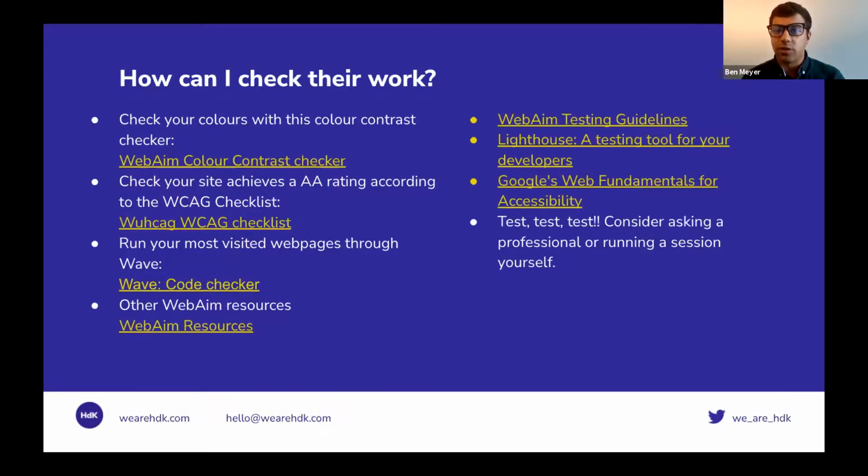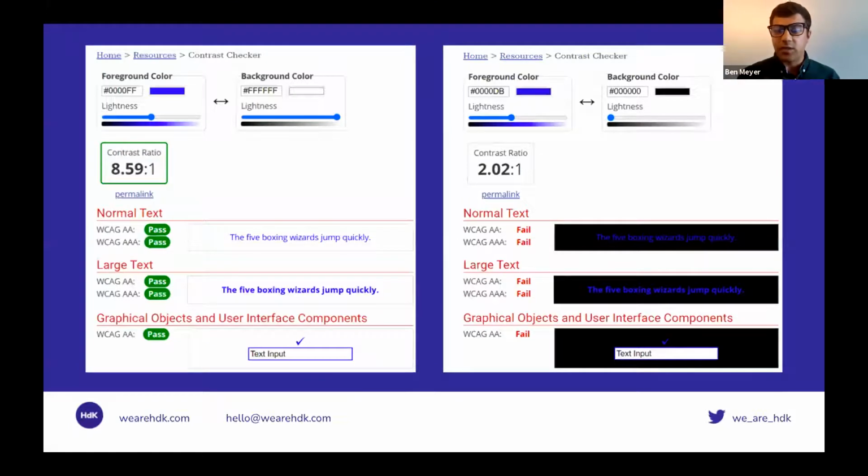I mentioned the color, making sure that your color contrast is correct. This is a very important design feature, and it's something that we do for all our designs. You basically put it through this nifty tool, which is available on a website called WebAIM, and it looks like this. On the left-hand side, you can see that the blue with a white background passes the criteria for both A and AA for the Web Content Accessibility Guidelines.